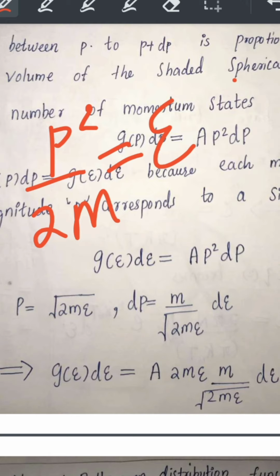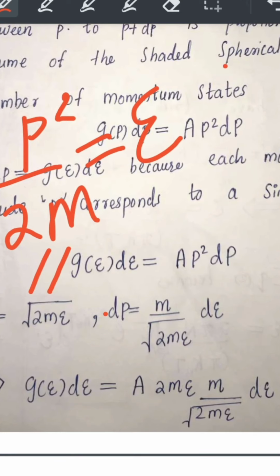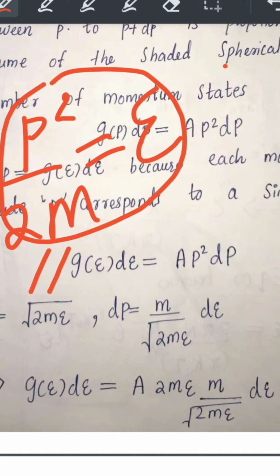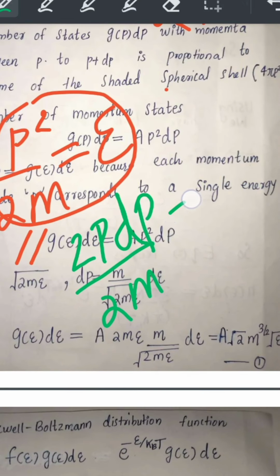From this equation you can simply write that p is equal to root of 2m epsilon, and this implies dp is equal to m over root 2m epsilon times d epsilon, because taking the derivative on both sides of this equation gives 2p dp over 2m is equal to d epsilon.